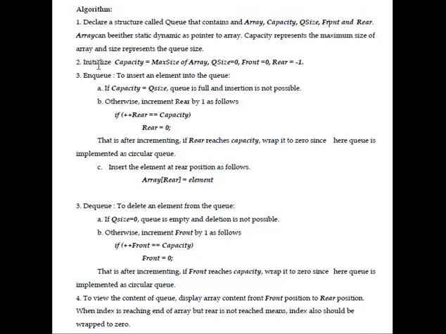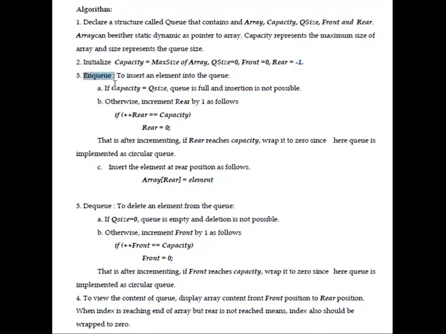Then initialize the maximum size of the array, queue size equal to 0, front equal to 0, and rear equal to -1. Front equal to 0 is for the deletion purpose, and rear equal to -1 is initialized for inserting new elements into the queue.